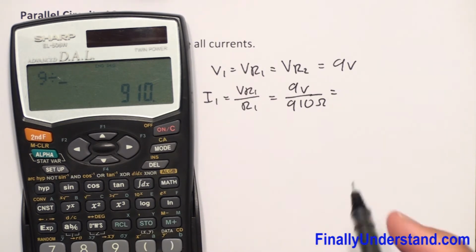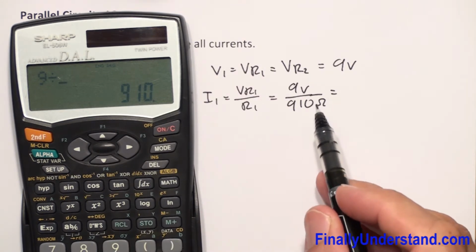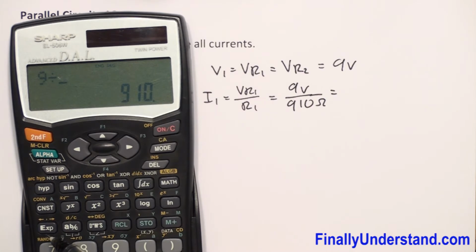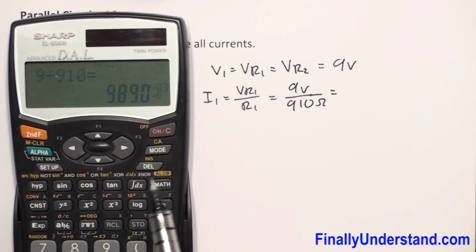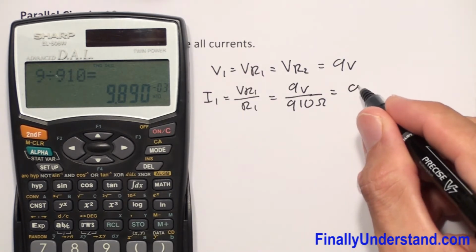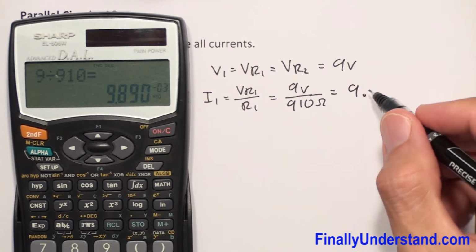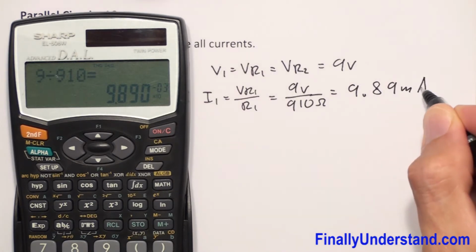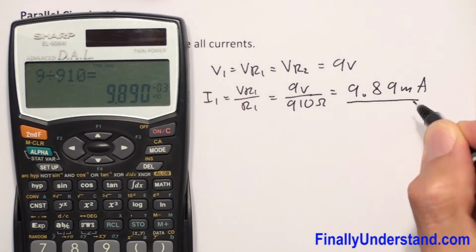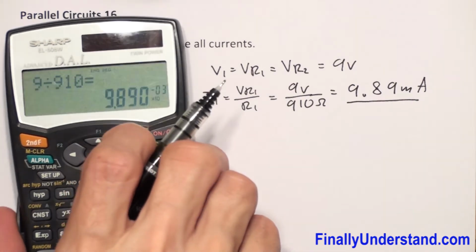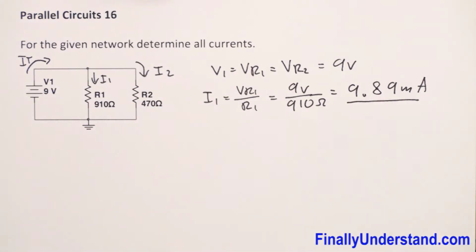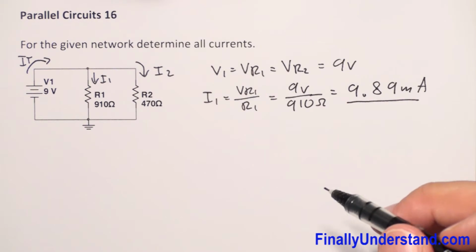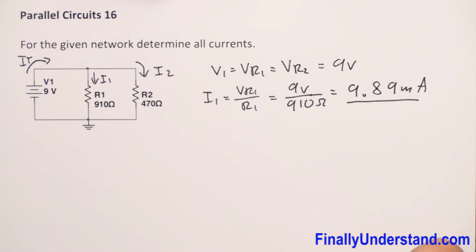Please notice that this time I do not see K, that's why I do not use the exp function. This is equal to 9.89 milliamps, the current which will flow through resistor R1.